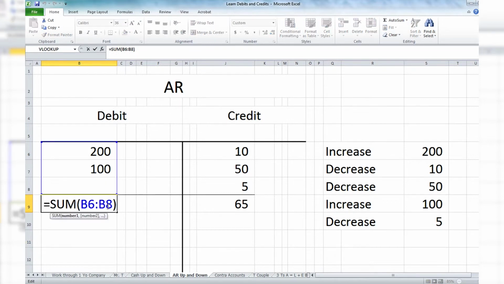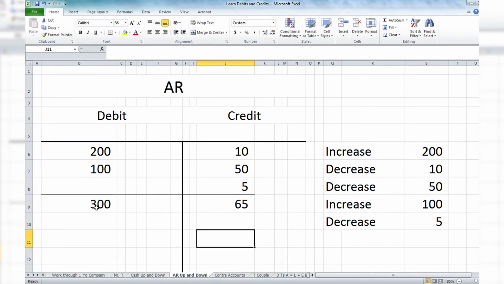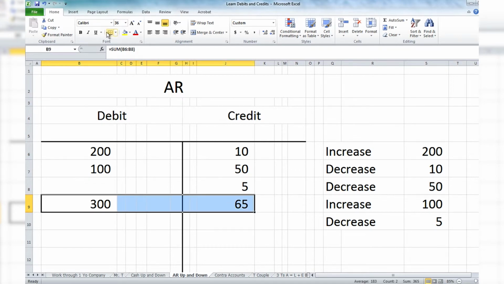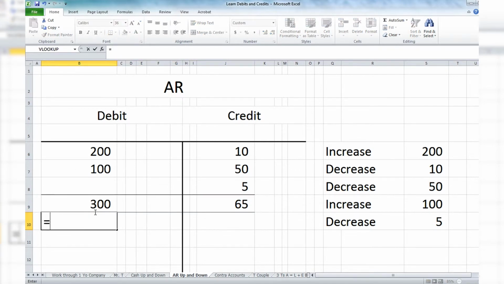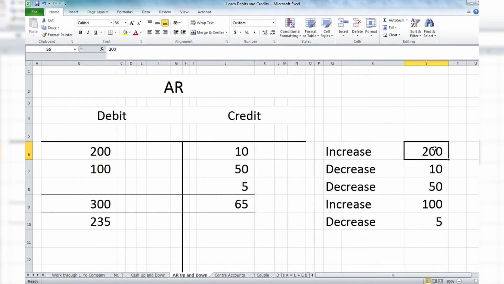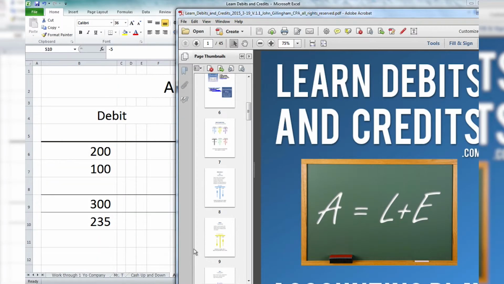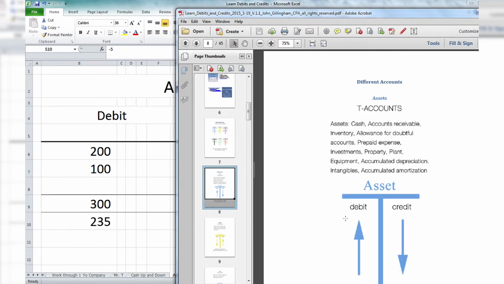So here's the sum of the debits, and the sum of the credits. And now let's figure out what is remaining: that minus that, 235. So if we did 200 minus 10 minus 50 plus 100 minus 5, it's going to equal 235. This is how assets are going up and down in the T accounts. Debit assets up, credit assets down.